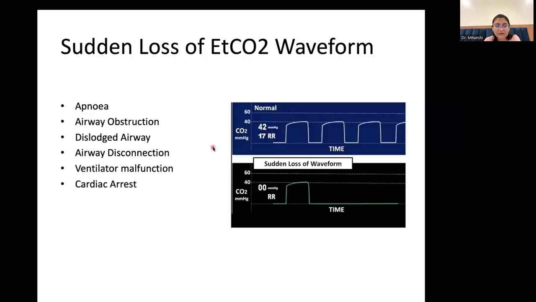All right. So sudden loss of EtCO2 will tell me airway obstruction, dislodged airway, airway disconnection, ventilator malfunction. That alerts an anesthetist to check all the equipment, all the machine-related parameters, my ventilator settings, my ventilatory tubes, and also the physiology of the patient, that is, cardiac arrest or apnea can occur.